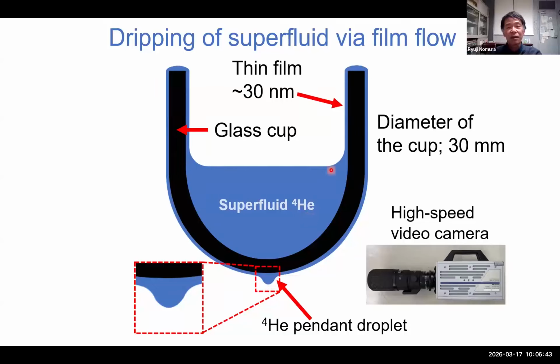If this liquid were a classical liquid with viscosity, it could not go through such a thin film, but it's a superfluid, so it can flow freely through this thin film, and it drips from the bottom. I recorded the motion of this droplet with a high-speed video camera. In our case, the diameter of this cup is 30 millimeters, and the cup has a hemispherical bottom surface like this.